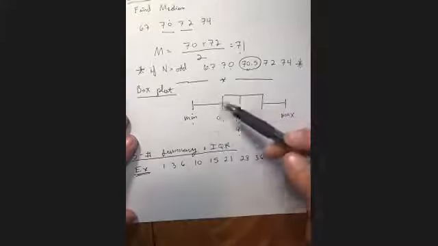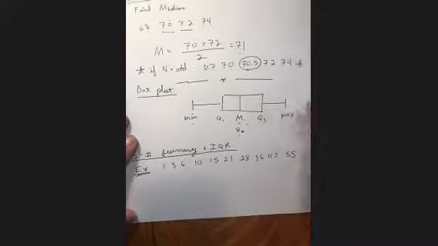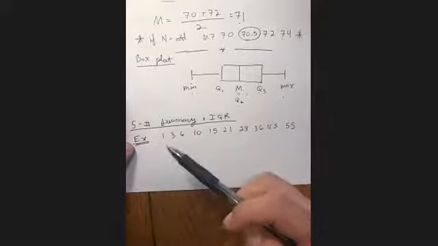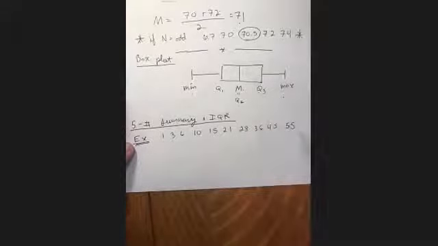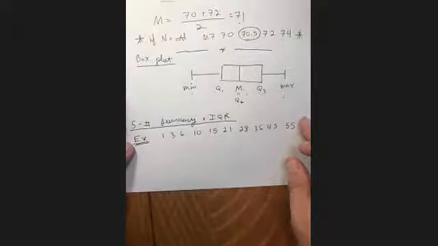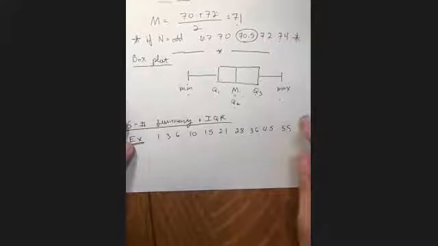Finding the quartiles is just like finding the median. It's the same sort of process. Let me show you how that works. So here we have a sample data set, and here it's already been arranged from least to greatest. So we're going to find the quartiles. The first quartile we find is the second quartile, which is the median.